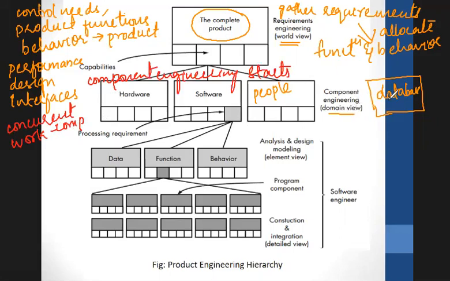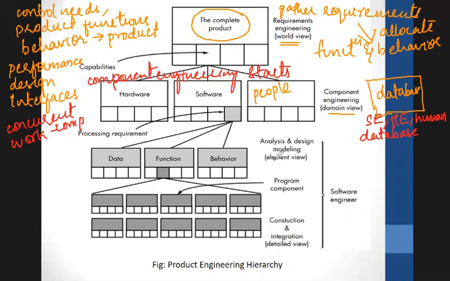Let's write it down here. Software engineering, HE will be hardware engineering, then human engineering and database engineering. Whenever you're designing the software, you're going to focus upon the software, hardware, and human interaction, that is how the user is going to interact with the system, and what type of data will be used. That is going to be identified.